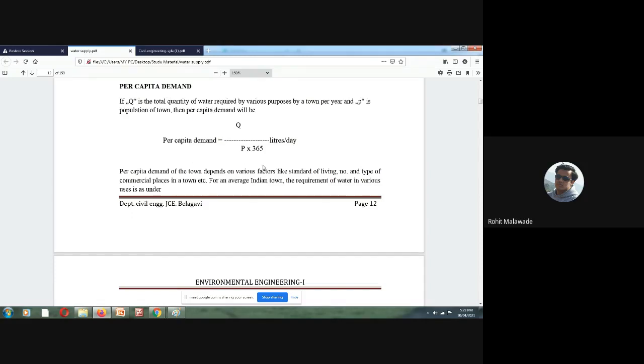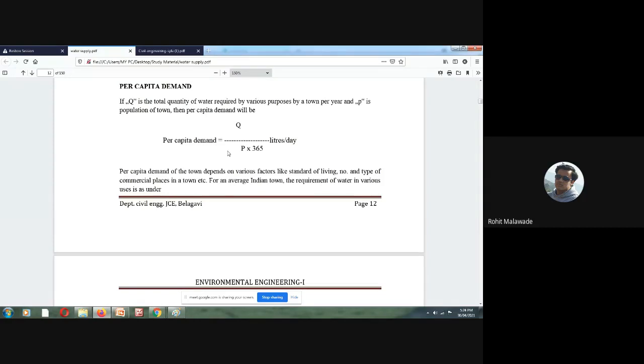Now per capita demand can be calculated as Q divided by P divided by 365. What is Q? Q is nothing but the total quantity of water required for the various purposes by a town in a year.